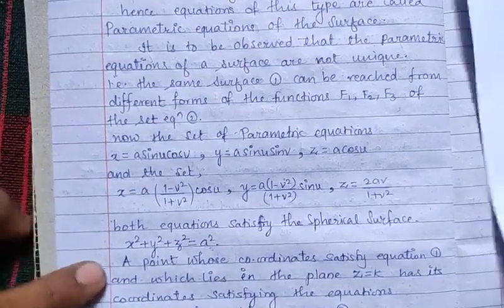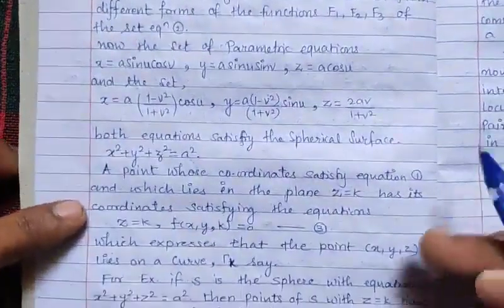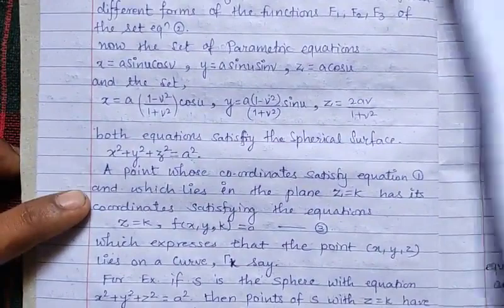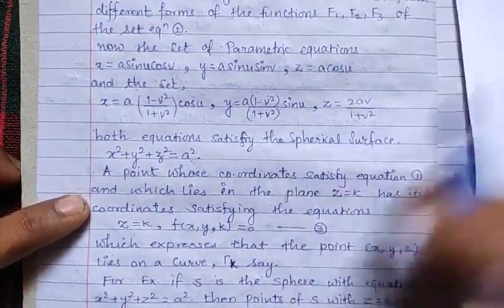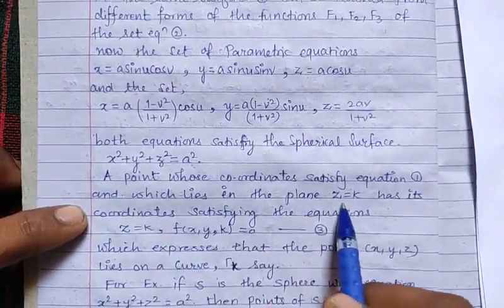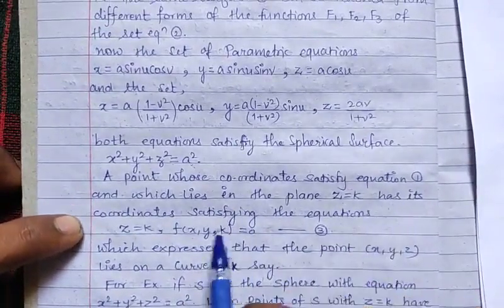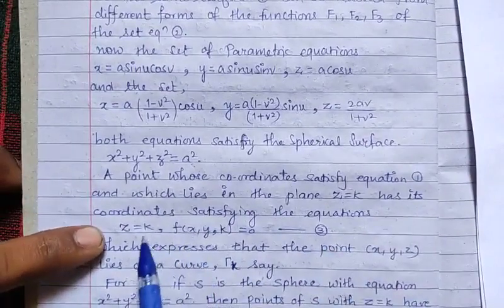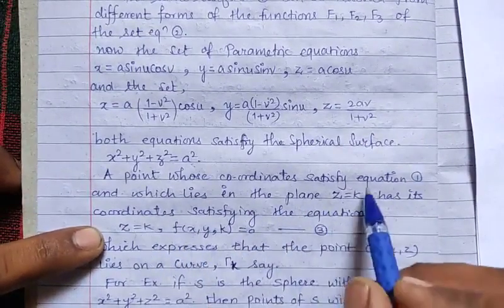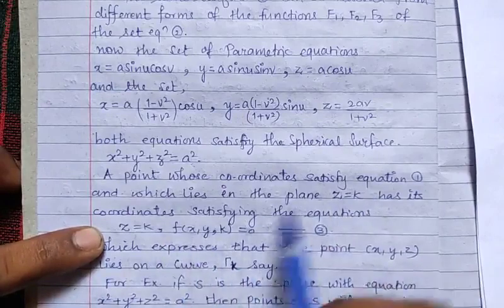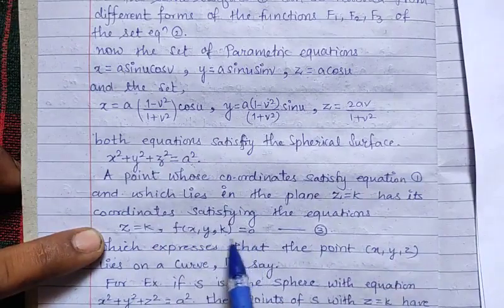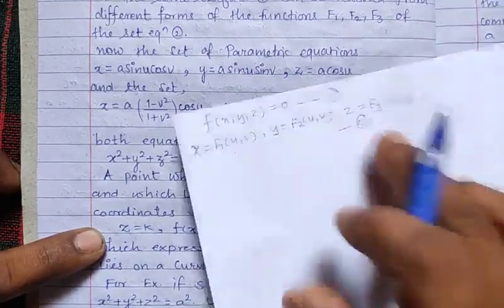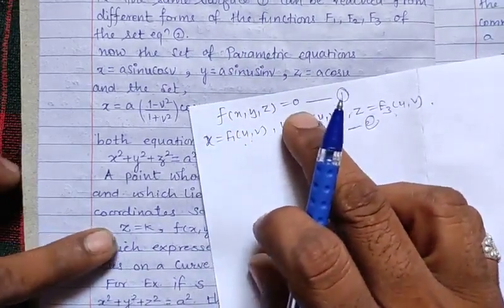Now, a point whose coordinates satisfy equation 1, which is f of xyz is equal to 0, and which lies in the plane z is equal to k, has its coordinates satisfying two simultaneous equations: z is equal to k, and equation 1 with the value of z as k.